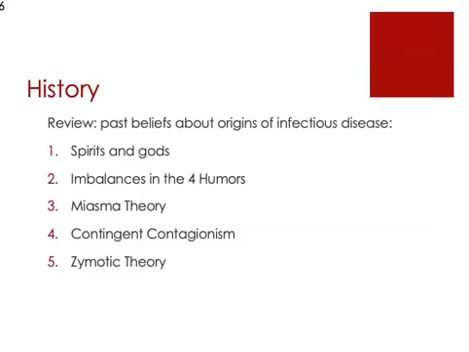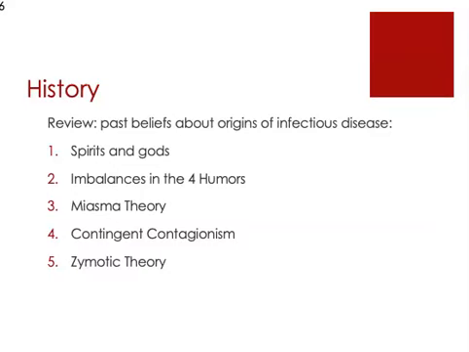Next came miasma theory, which was the theory that bad air was the cause. Bad smells and bad air were the cause of infectious diseases. Contingent contagionism built upon miasma theory and suggested that once a person became ill from exposure to bad air, they could then pass that illness on to other people.